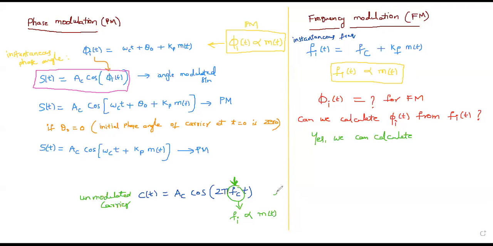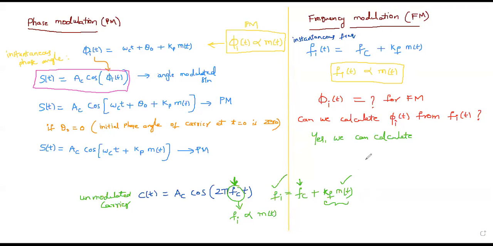Hence this fi for a frequency modulation signal was defined as fi equals fc plus kf into m of t. So fc is the unmodulated carrier frequency, and kf into m of t is added in such a way that this fi is going to change with respect to the message signal m of t.